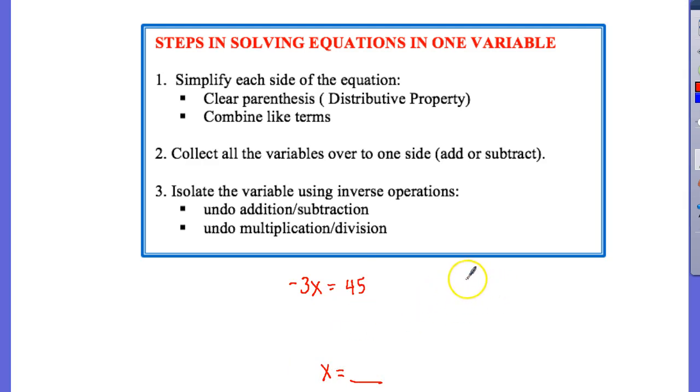Or it can be very complicated like this: 3 times x minus 4 plus 7 equals 9 times x plus 2 minus, say, 5. It can be this complicated. You will still apply these same steps over here to figure out the value of x. So in the end, like here, you're going to have x equals. Okay, so we're going to have this on the side as we work through some problems. So let's do it.